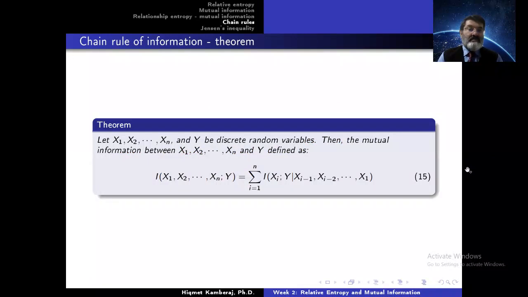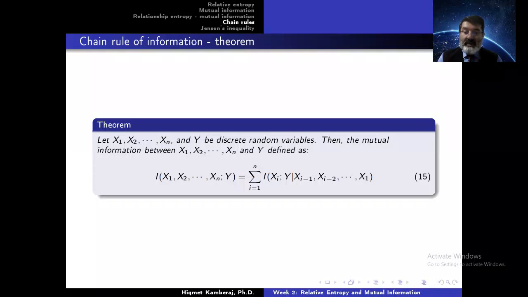Now, with this definition of the conditional mutual information, we can arrive at another theorem, which is the chain rule of information. Let x1, x2, up to xn, and y be discrete random variables.